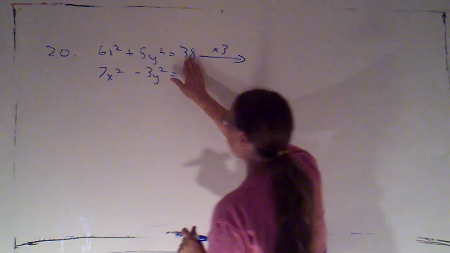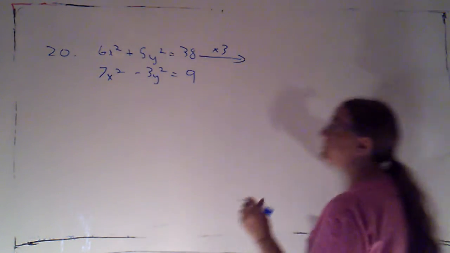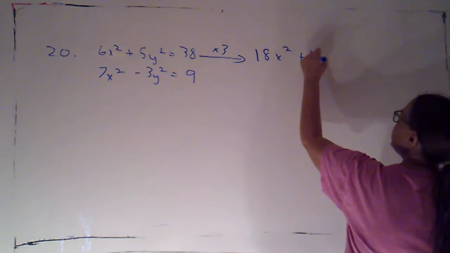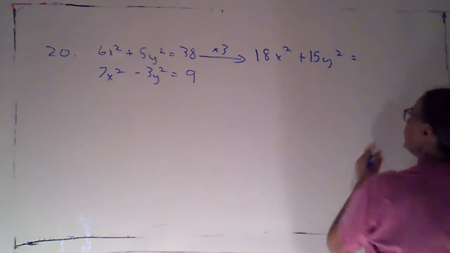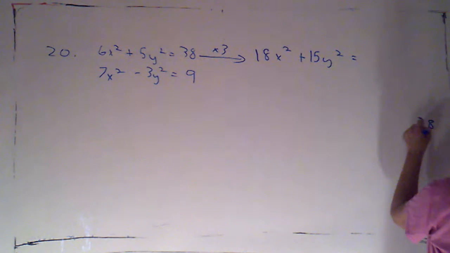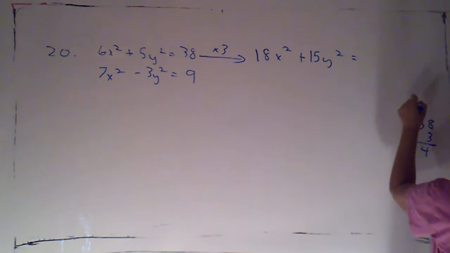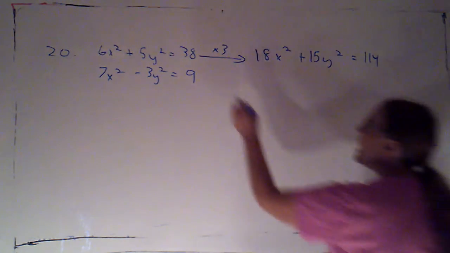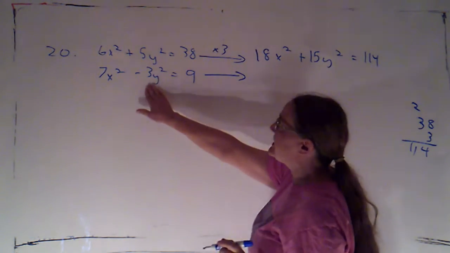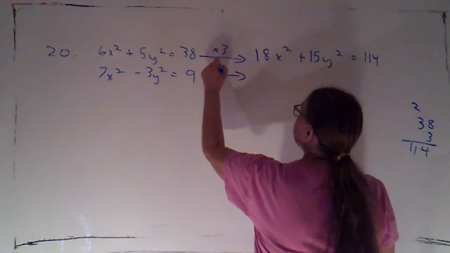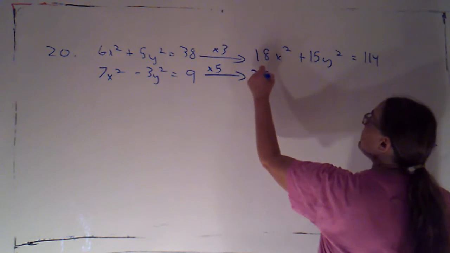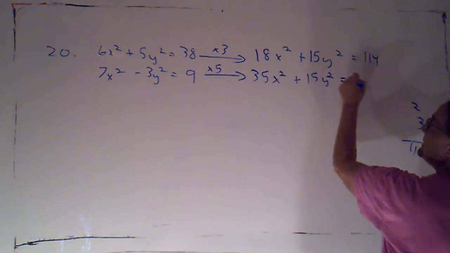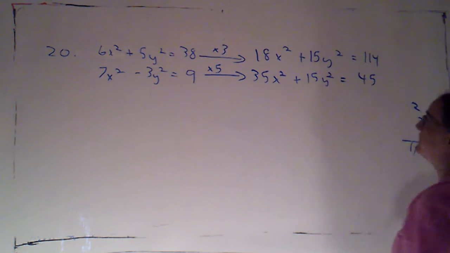Now remember, that means every single term gets multiplied by 3. So that's 18x squared plus 15y squared is going to equal 38 times 3, which I'll work out off to the side here, 114. All right, let's multiply this second equation by 5. That way we'll have 35x squared plus 15y squared is equal to 45.